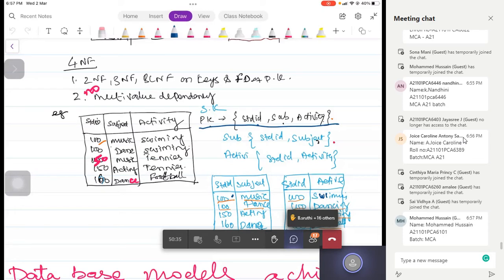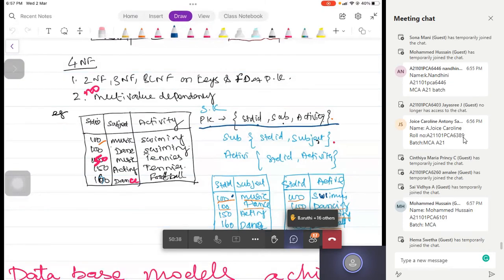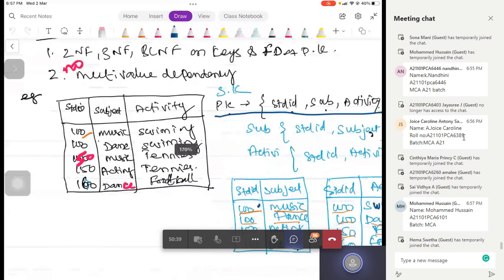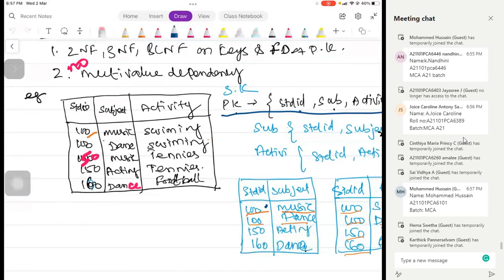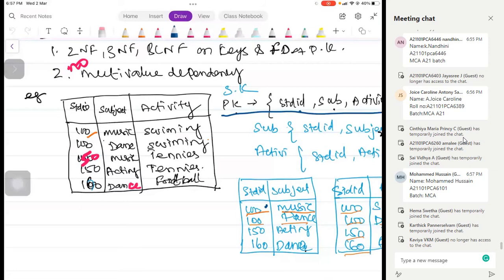Here, student ID, subject, activity. This is one table. Are you clear? Student ID, subject, activity. Yes, a student may know more than one activity. Yes, it's possible. That also we need to give in a database and store in a database. Multi-personality persons are many in our one classroom, isn't it? 100, he may sing well as well as dance well.